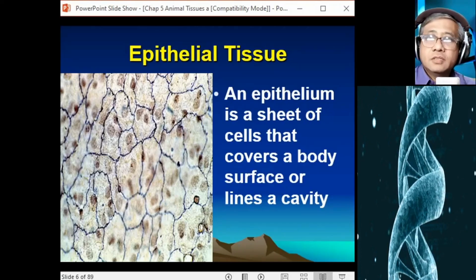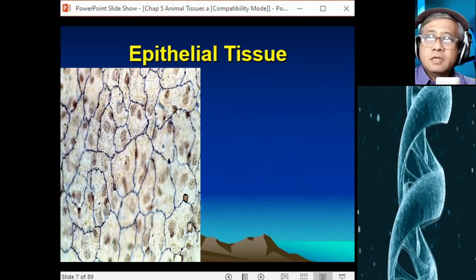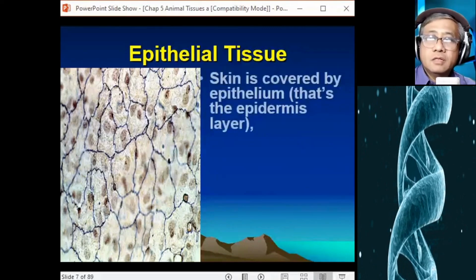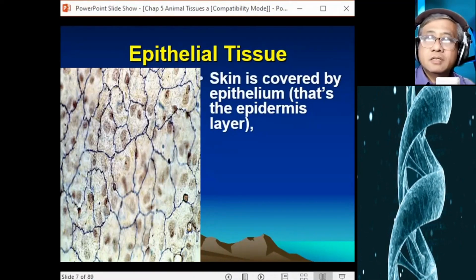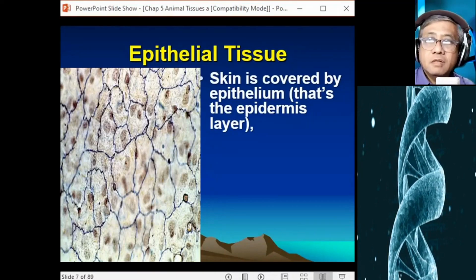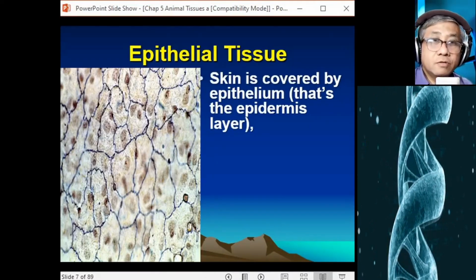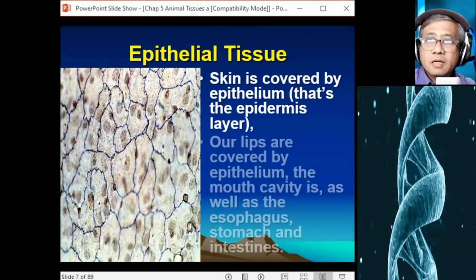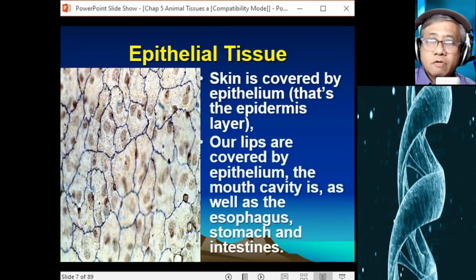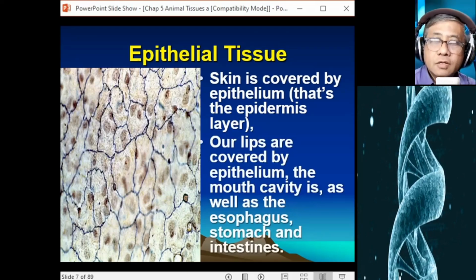And also for epithelial tissue, one good example of this is the skin. The skin is covered by an epithelium that is the epidermis. So we know that the epidermis is the outermost layer. And our lips are covered by this epithelium as well.